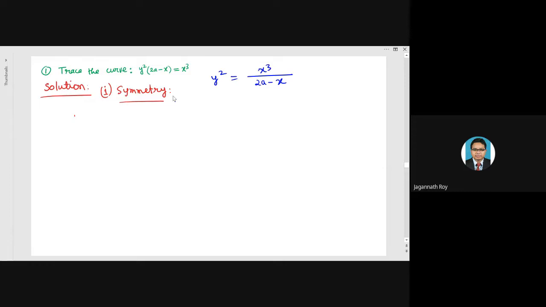So only even powers of y occur in the equation. Hence, the curve is symmetric about the x-axis.